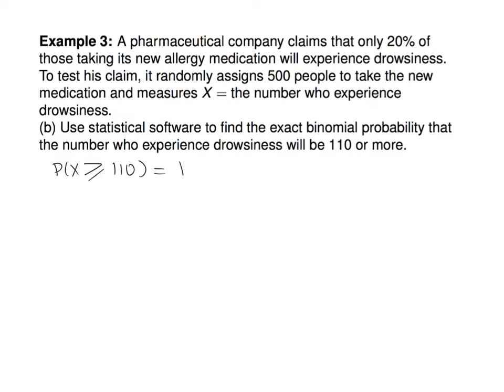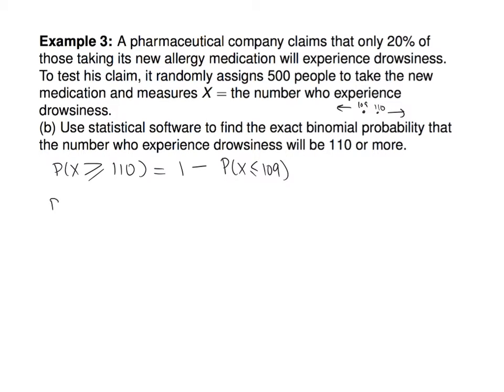And with binomials, you have to be careful about the equal-to's. Being bigger than or equal to 110, so that's from 110 on up, is the opposite of 109 on down. This is a discrete random variable, and the or-equal-to's do really matter here.